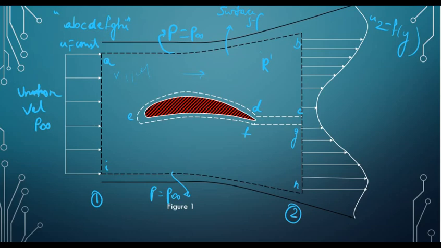And when v and ds are perpendicular vectors, the dot product of them becomes 0. As a result, the contribution of A, B, H, I and D, E, F to the integral is 0.